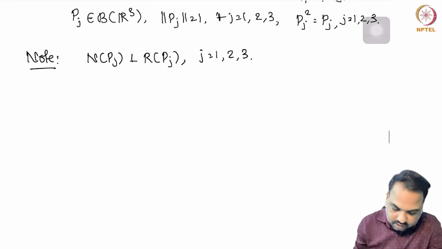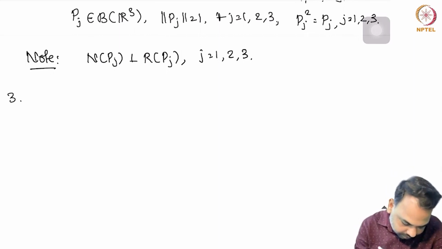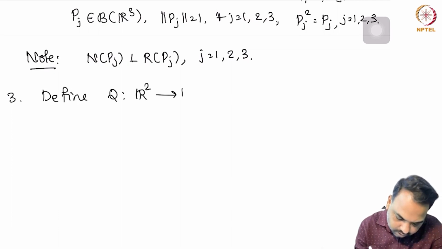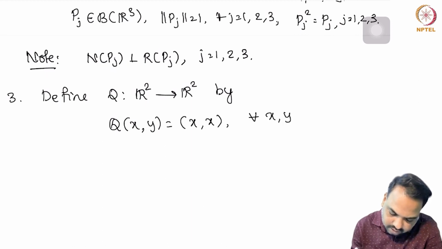Let us look at one example where this condition is not satisfied. Define Q from R2 into R2 by Q of (x, y) as x comma x for every (x, y) in R2.